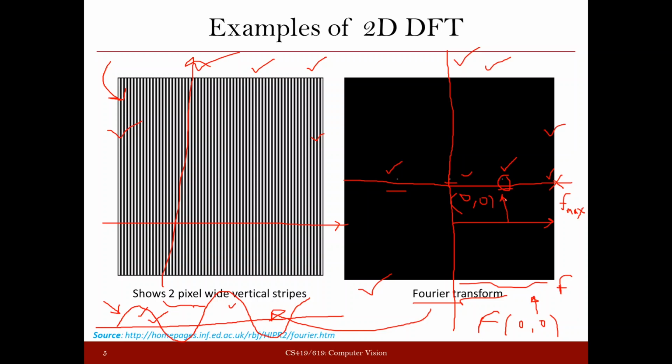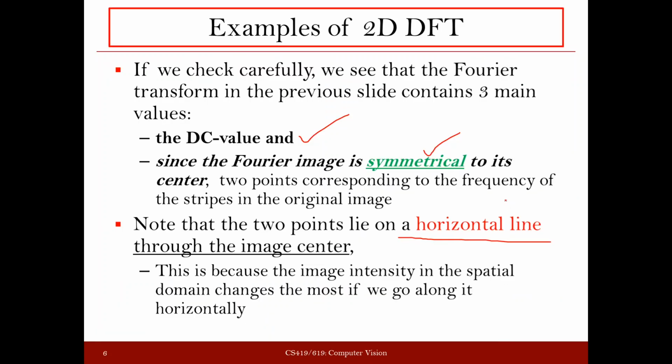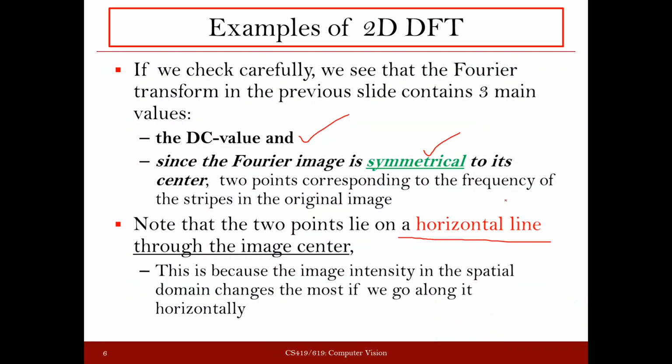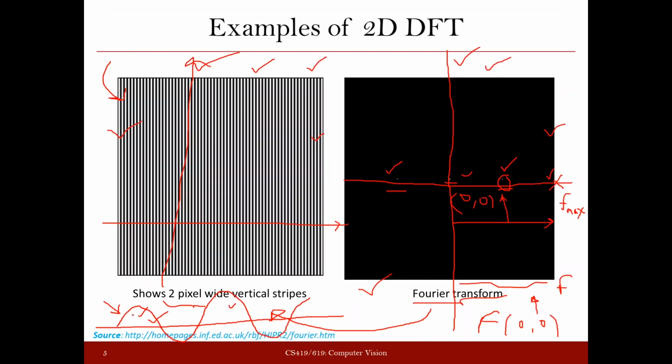Now another important thing that we need to note down here is that in this case we have assumed that our pattern is a very ideal sinusoid, okay. But actually if you see these strips, they are, as I said, 2 pixel wide white and black strips.